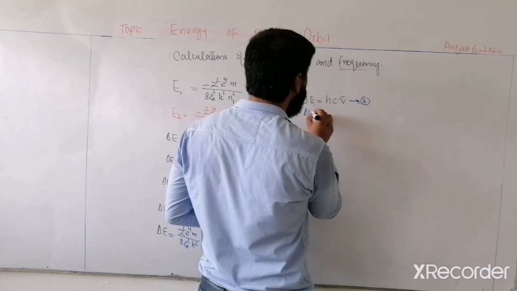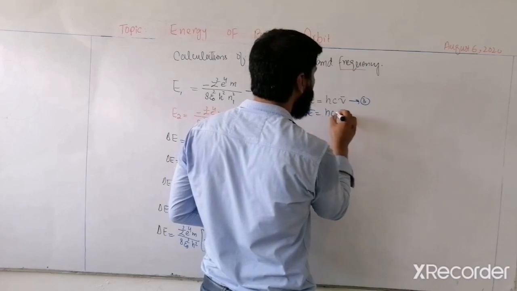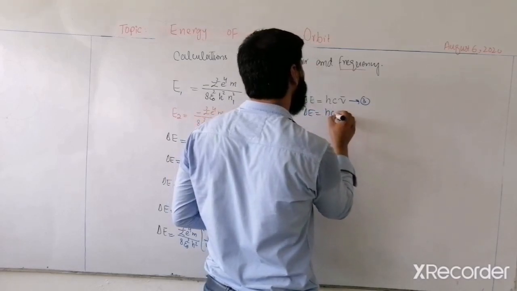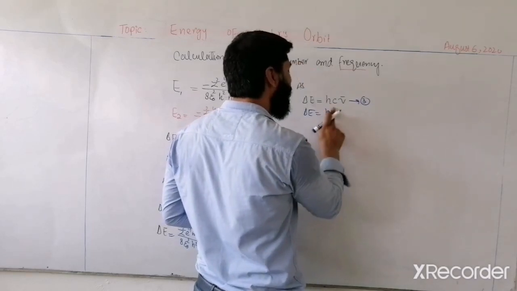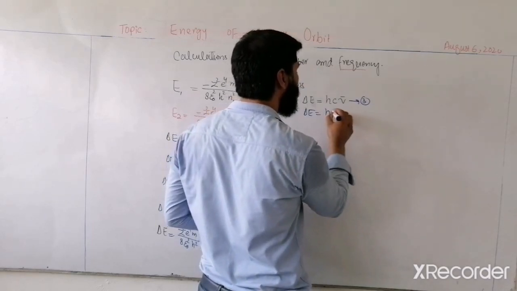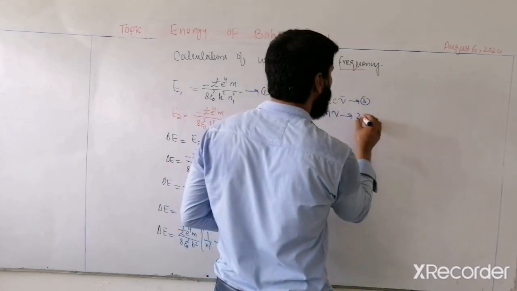And delta E is equal to hc upon lambda, or you can write it as h nu. This is equation number 5.